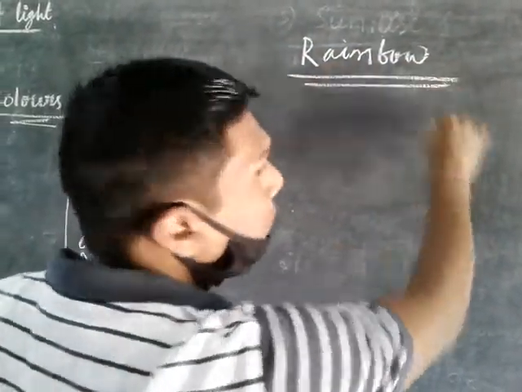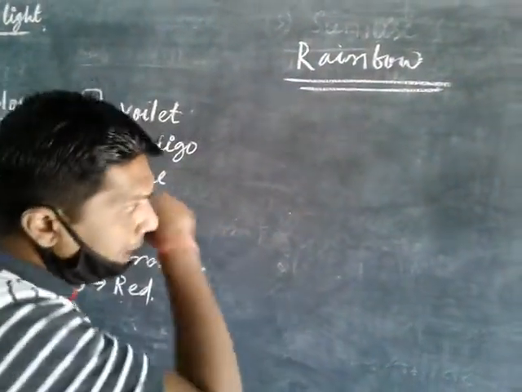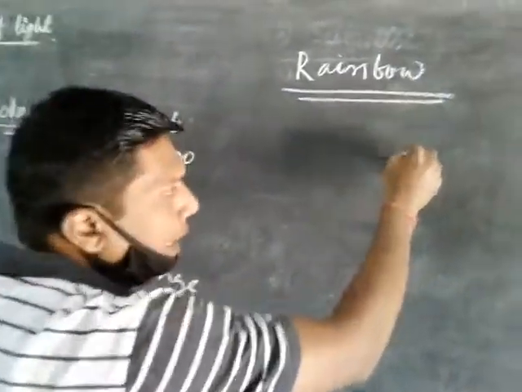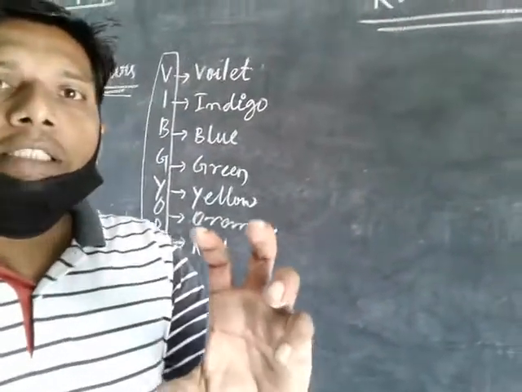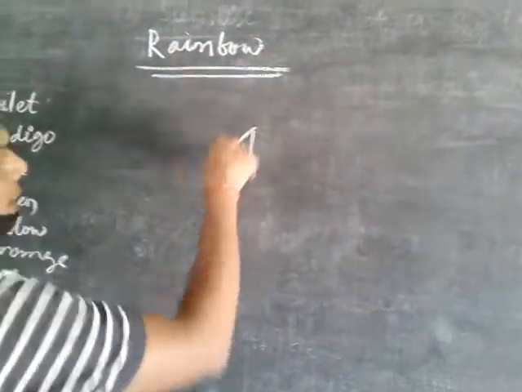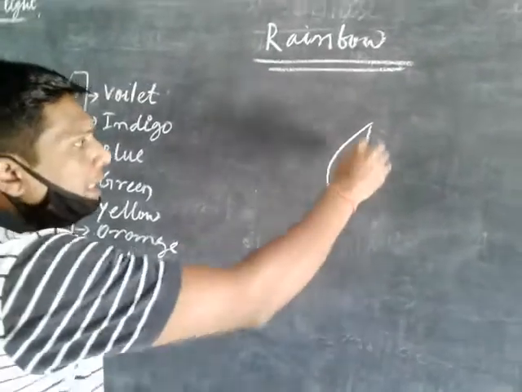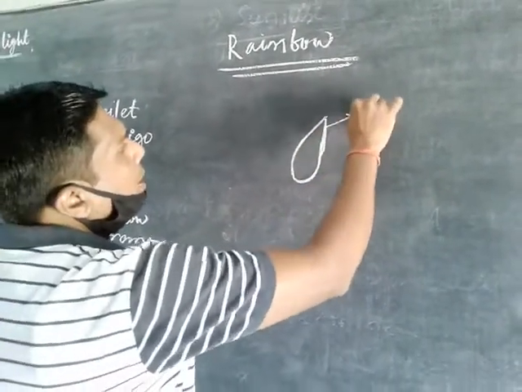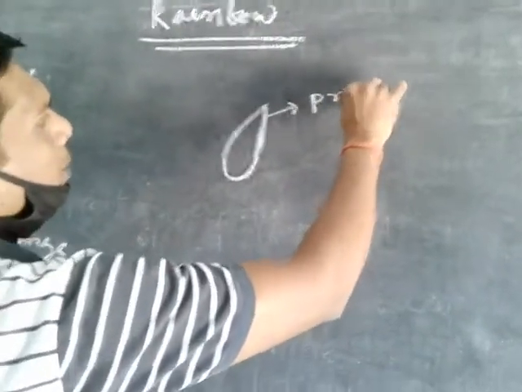So how will a rainbow form here? In this case, the water drops work like a prism.